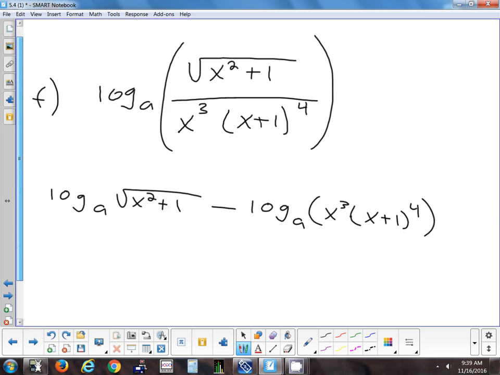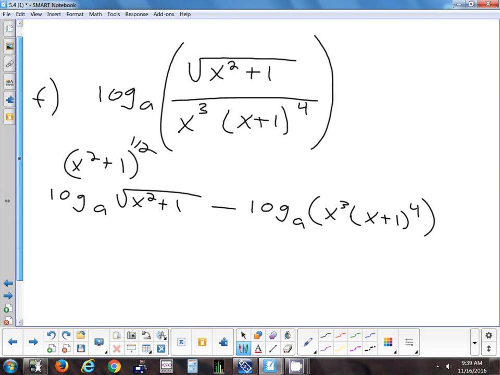Now, what can I do with this first part? Multiply it by 1/2. Put the 1/2 in front. You can do two things at once if you want. This really means this. You can change x squared plus 1 to a 1/2 power and do that one step, then rewrite the whole thing.